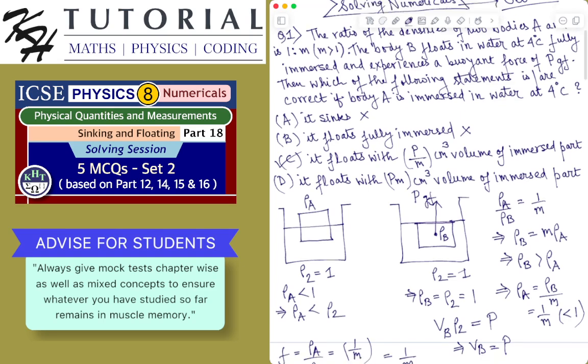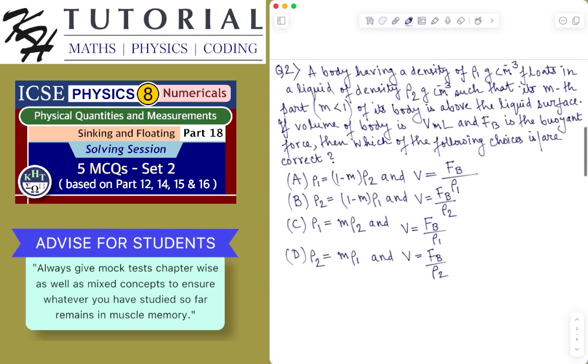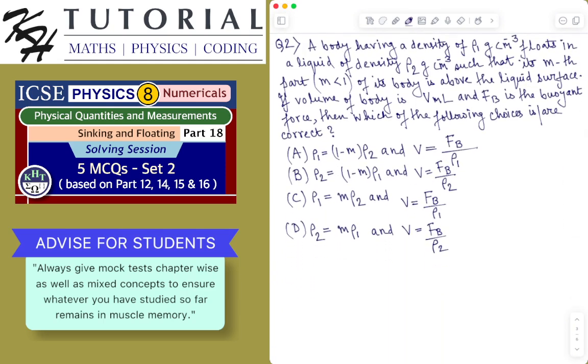Okay, let's see the next problem. The next problem says a body having a density of rho 1 gram per centimeter cube floats in a liquid of density rho 2 gram per centimeter cube such that its mth part, where m is less than 1, which definitely means that m is a proper fraction, is above the liquid surface.